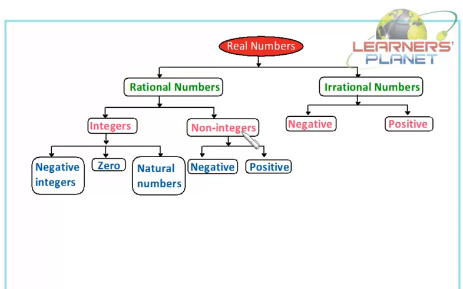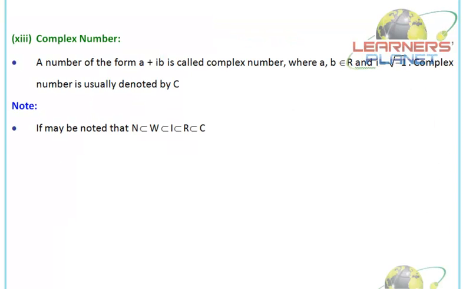Similarly, non-integers are divided into negative and positive, and irrational numbers are also negative and positive. So from this chart, we can conclude that real numbers are the master set, and rational numbers and irrational numbers are proper subsets of real numbers.